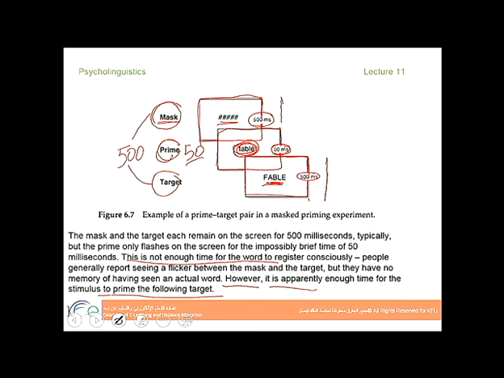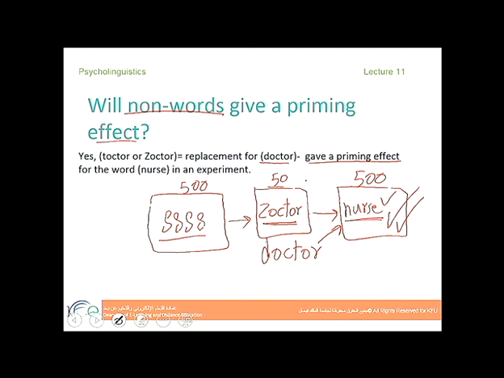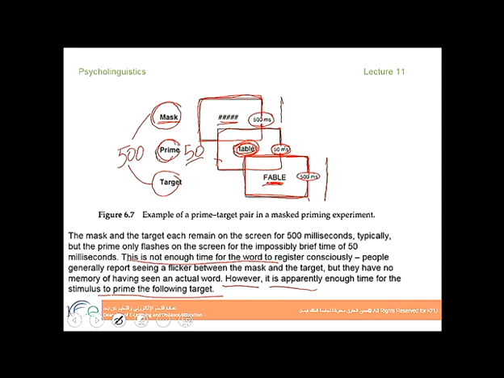And then before that we show the mask, any symbol, then the prime for 50 milliseconds, and then the target. This is what we are focusing on. So what we found is that, yes, there is an effect for the prime even if it's shown for 50 milliseconds.